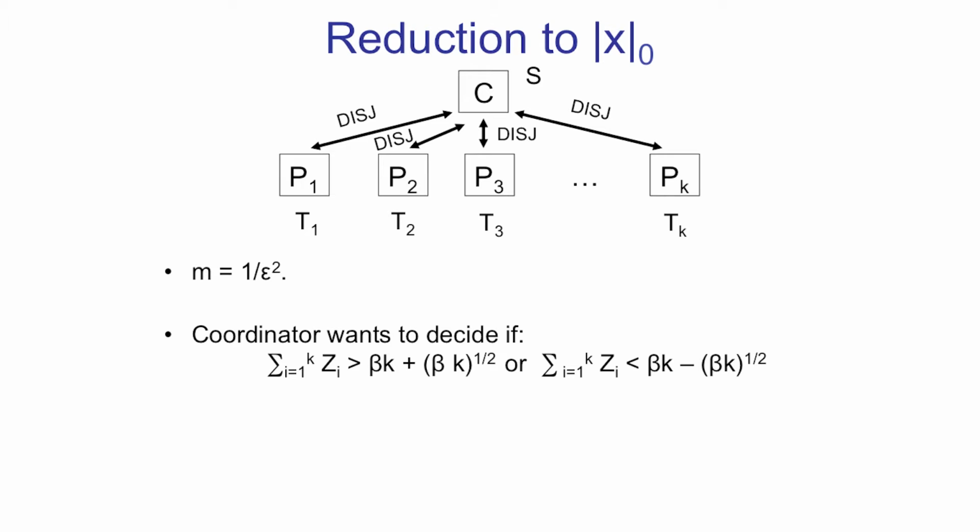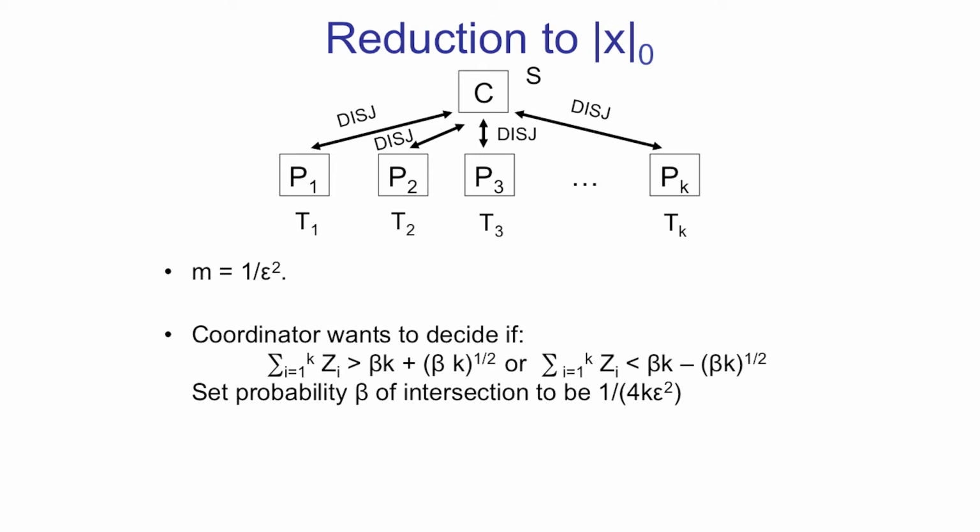And as I said, the proof generalizes to other values of beta with still an omega k lower bound. So you're going to set the probability beta of intersection to be this quantity, 1 over 4k epsilon squared.